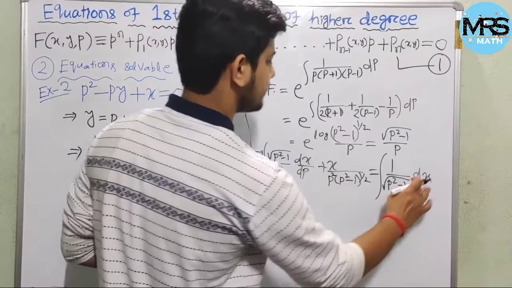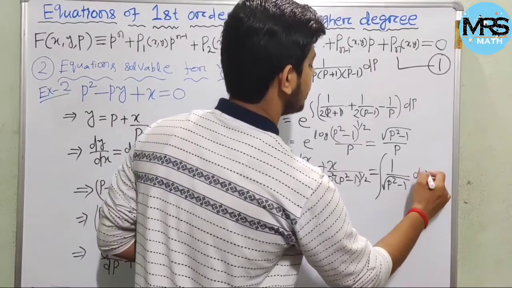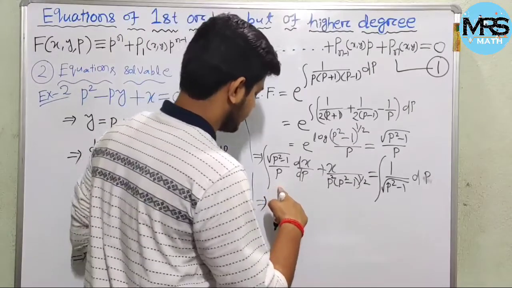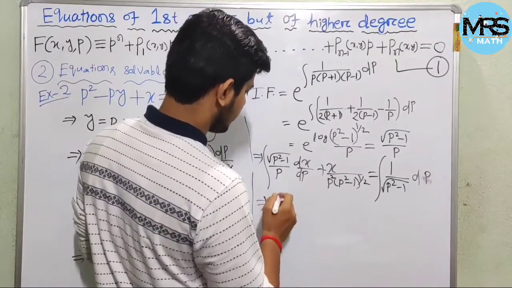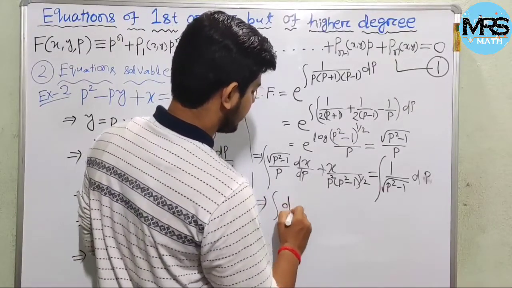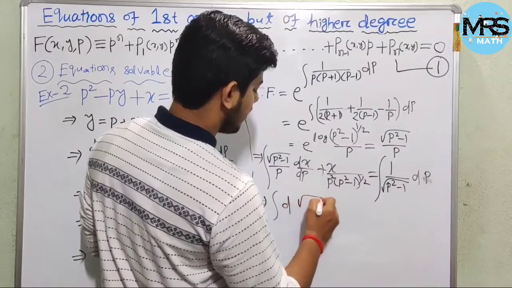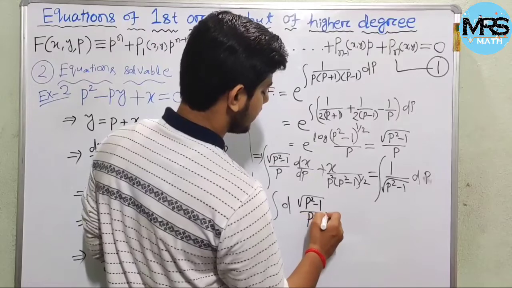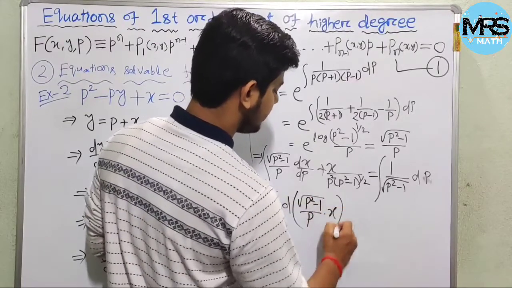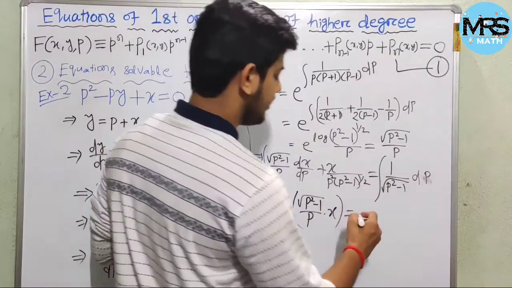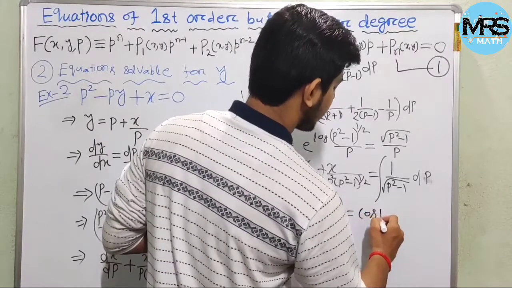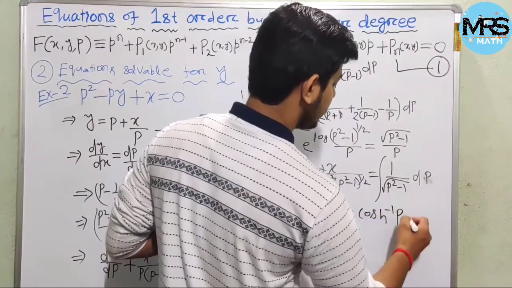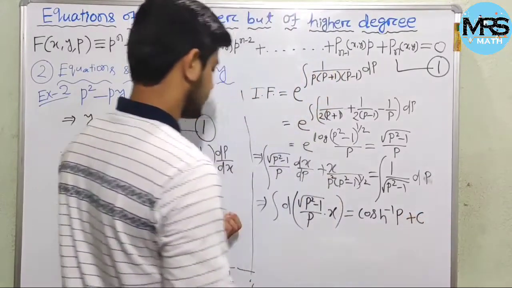Then what we will get? This side is an exact differential equation, so we can find the derivative of p square minus 1 over p into x, and this side will be cos hyperbolic inverse p, plus some integrating constant c.